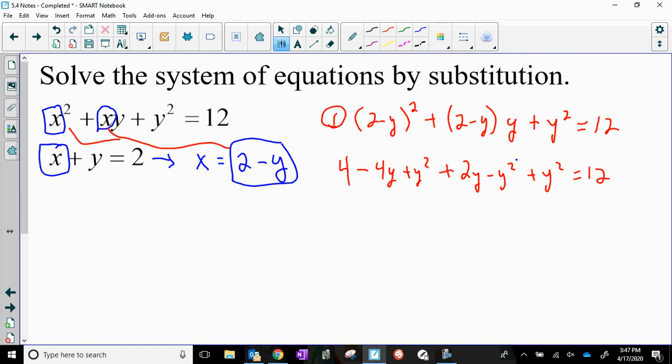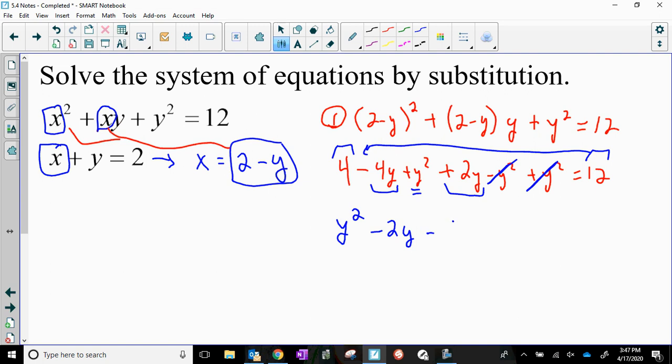I'm trying to move it so y squareds are positive. If I take a look, I see this negative y squared and this y squared are canceling each other out. So I'll move everything to the left so y squared is positive. So I have y squared, minus 2y, and then I have this 4, and I've got to take this 12 and send it on over by subtracting 12, so minus 8 equals 0.